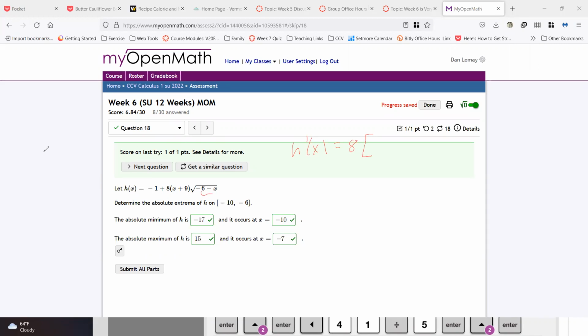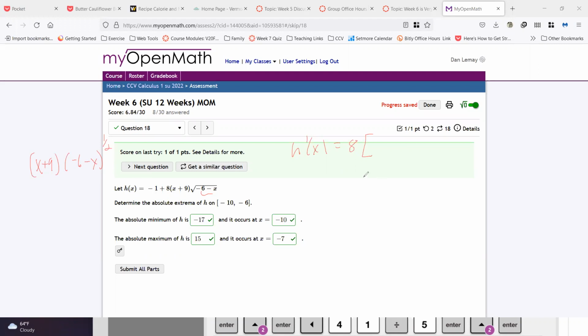I'm going to think of that square root as x plus 9 times -6 minus x to the 1/2. That way I can deal with the radicals as a power.